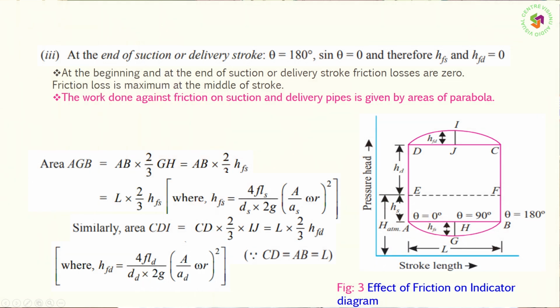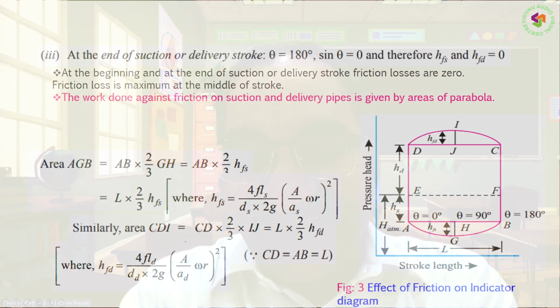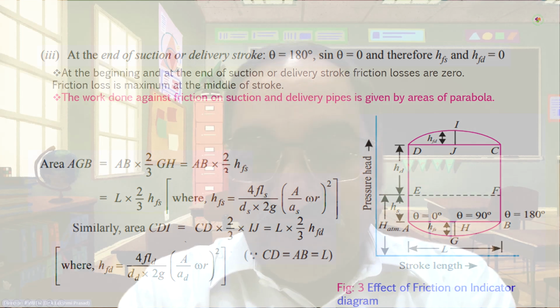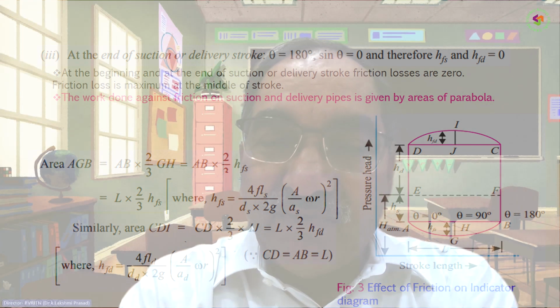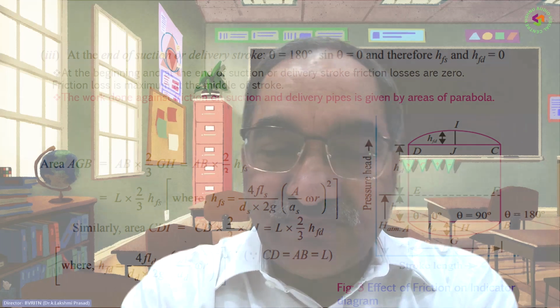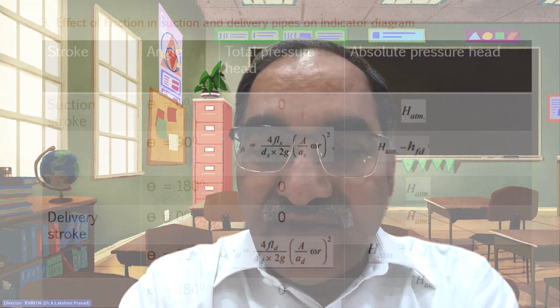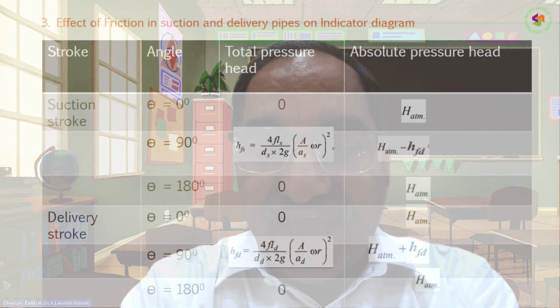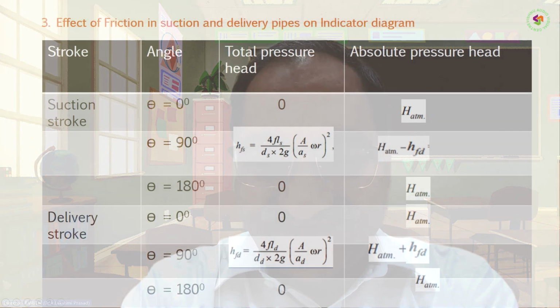So the velocity in the pipe can be given by the equation capital A by small a omega r sine theta, where capital A is the area of cylinder, small a is area of suction pipe or delivery pipe, omega is the angular speed and theta is the angle made by the crank.